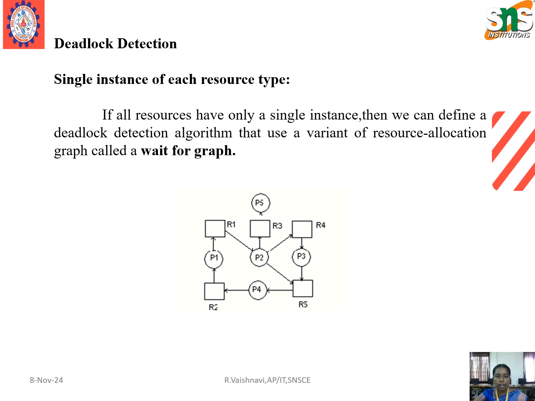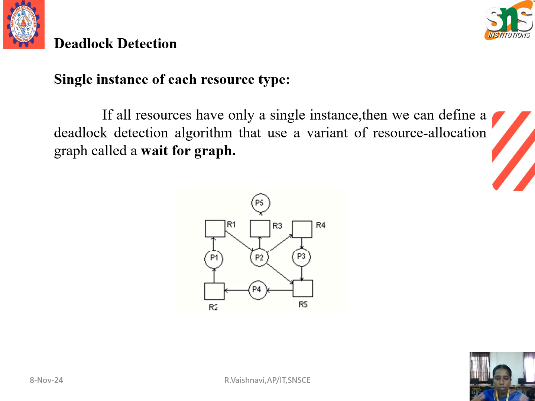Next one, deadlock detection, with a single instance of each resource type. If all the resources have only a single instance, then we can define a deadlock detection algorithm that uses a variant of the resource allocation graph called the wait-for graph. Here is a diagram for the wait-for graph.